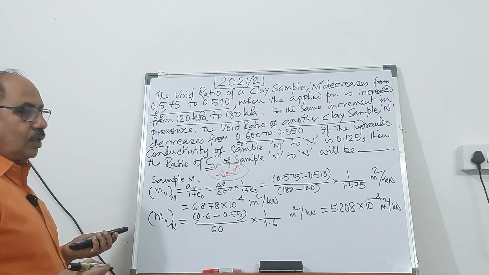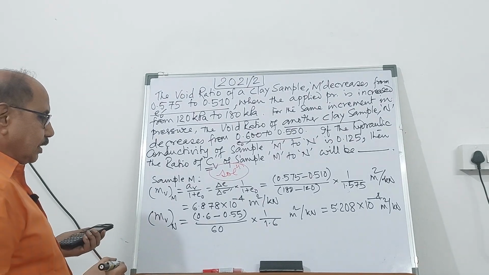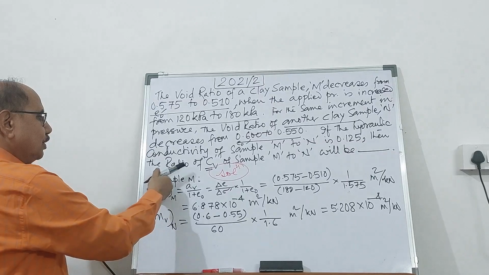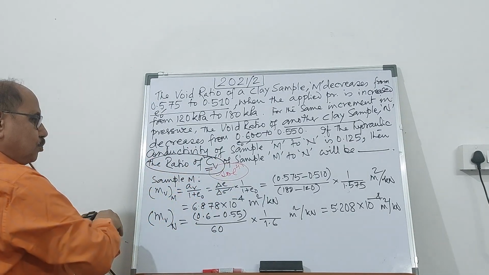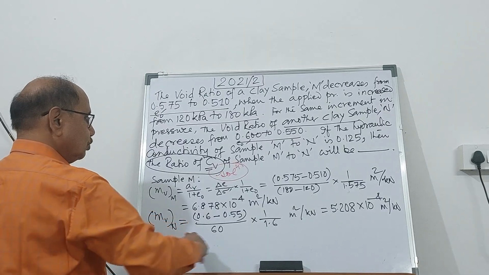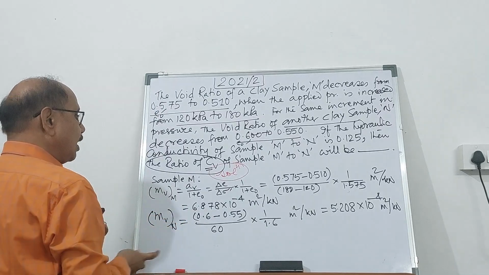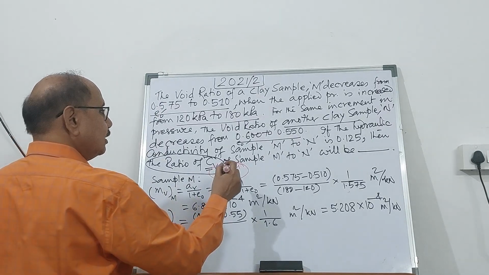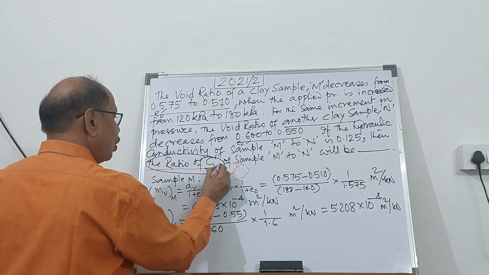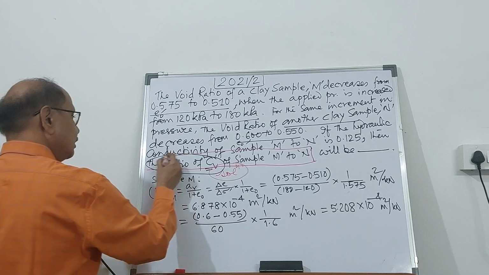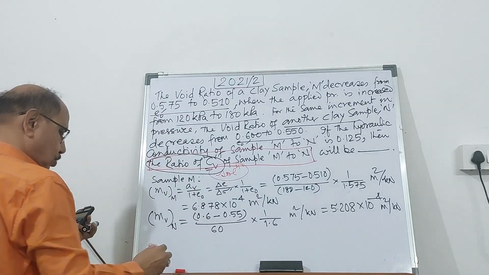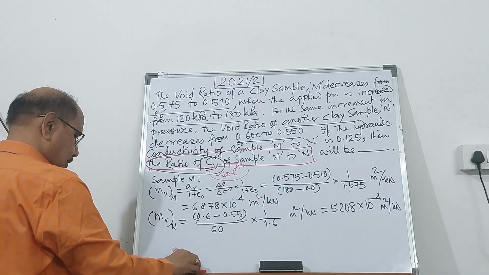Now, what is the ratio of CV? This part is important. You can just see that the ratio of CV of sample M to N, you can easily calculate.